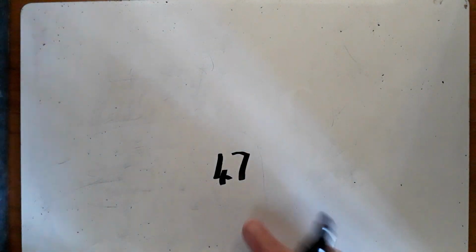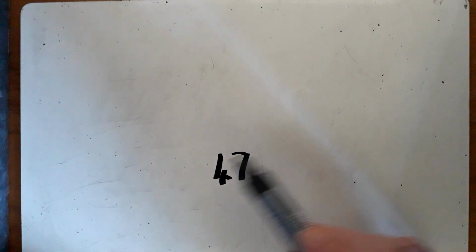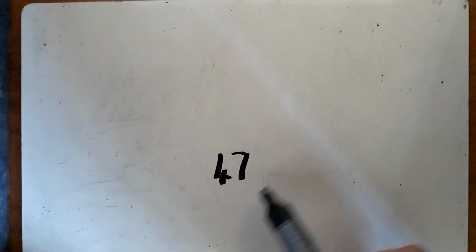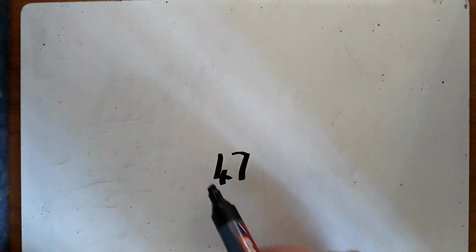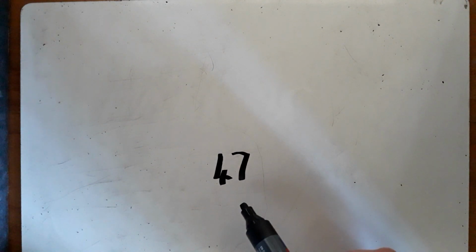Where people make an error with this type of question is you're asked what Tommy could be rounding, where his answer would have given you 47.